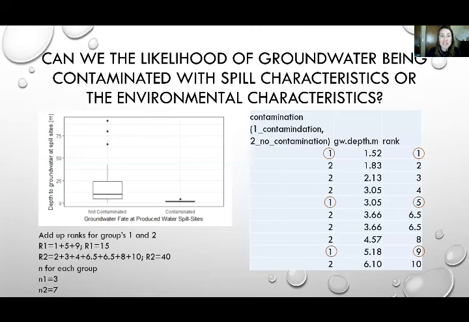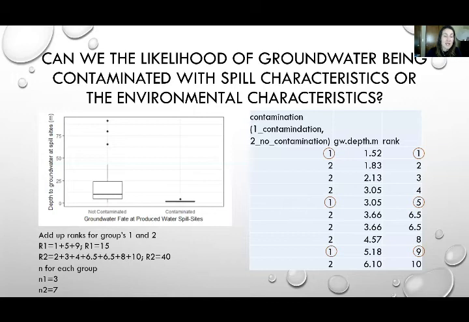And I'm going to add up those rankings. So for this lower value here, it had a ranking of 1. And then the next time there was groundwater contamination, it had a ranking of 5. And then the final time in this data set that there was groundwater contamination, it had a ranking of 9.